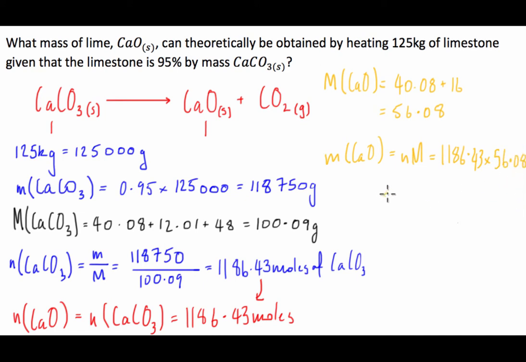That comes out to be 66,535.12 grams, or, because they give us the initial limestone in kilos, we'll convert this to kilos, and we are going to be left with 66.5 kilos of lime. Cool.